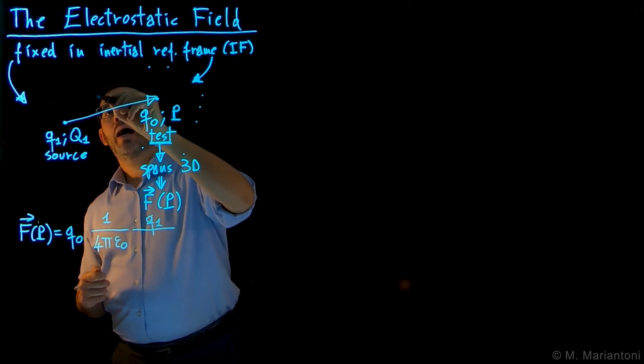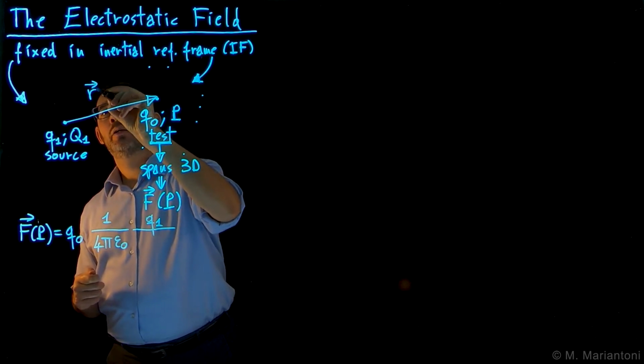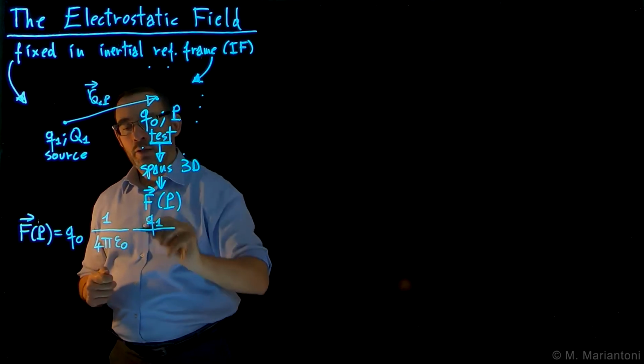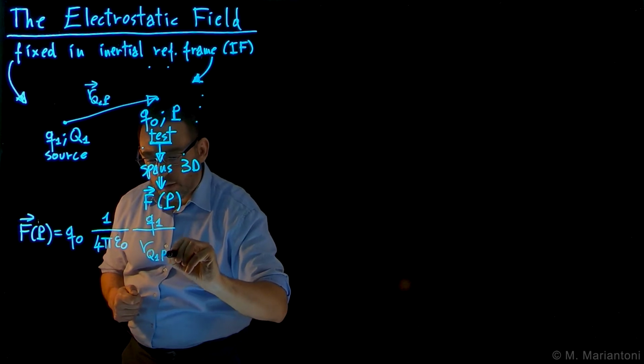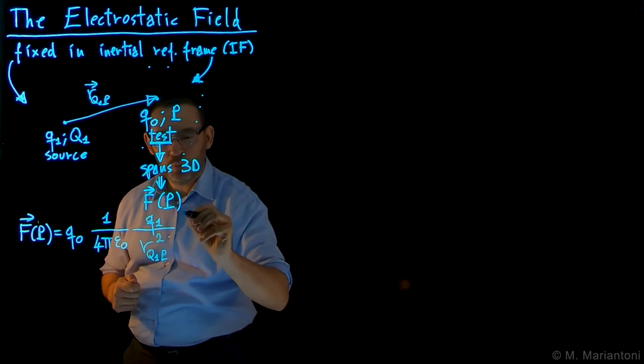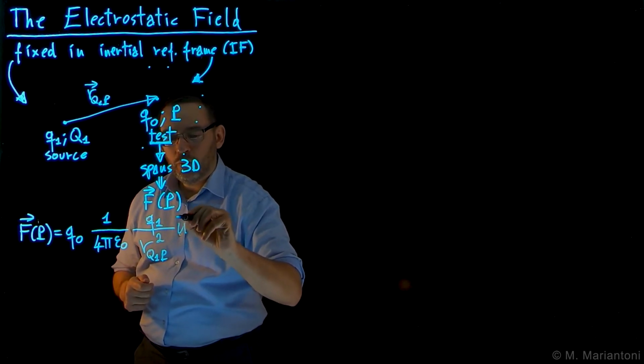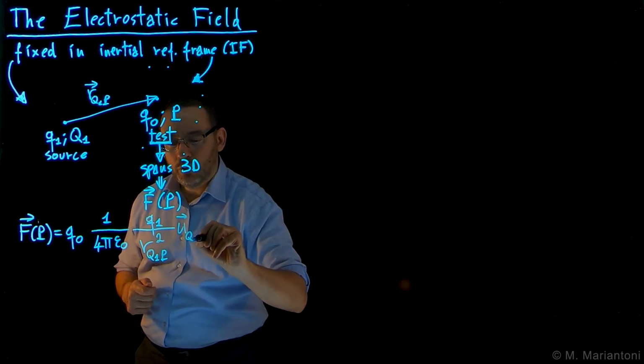Let's call it R vector between Q1 and capital P. So it's R Q1 P squared, Coulomb's law. And finally, we need our direction, which is U Q1 P.